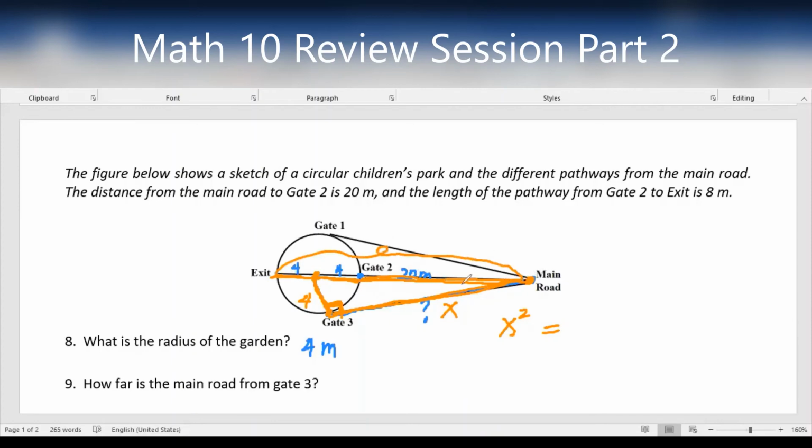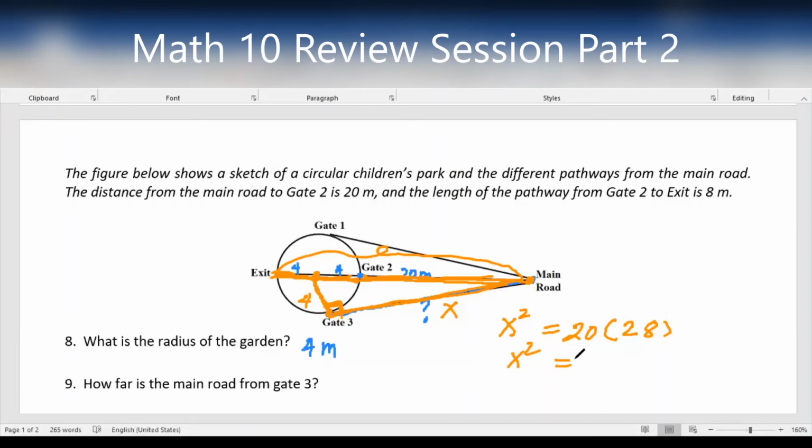So, the outside segment is 20. Tama ba? 20. Multiply by the whole segment. Lahat yan. So, that's 20 plus the diameter. That's 8. Kaya 28. So, 20 times 28, what's the answer?